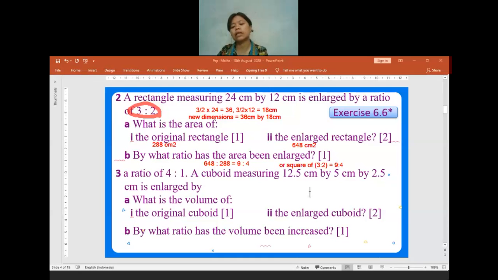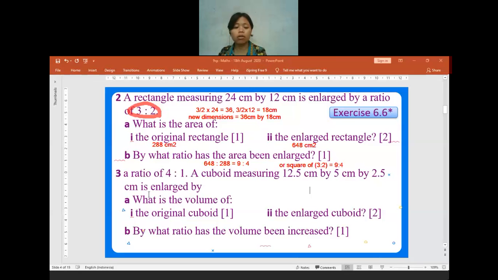We already discussed this, that when it is about the area, we can directly square the initial ratio. Or if you want to find it one by one, the answer will still be 9 to 4. Is there anyone who is confused? Or maybe I talk too fast?